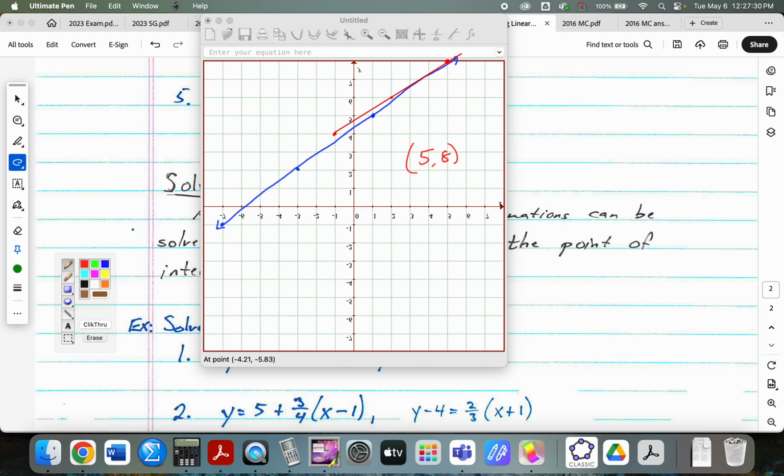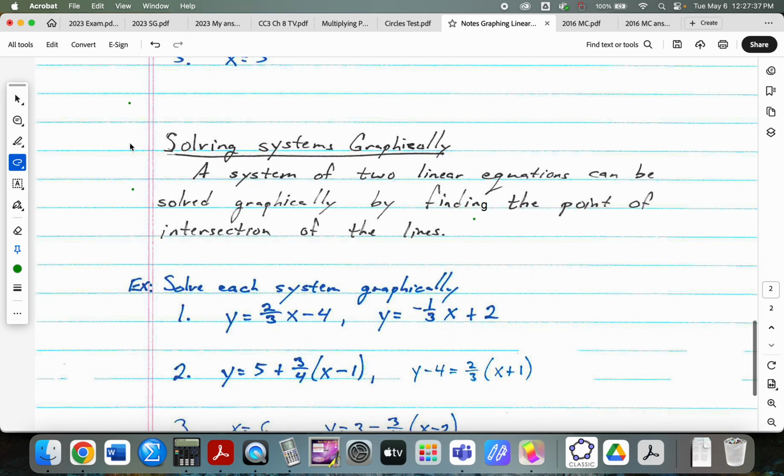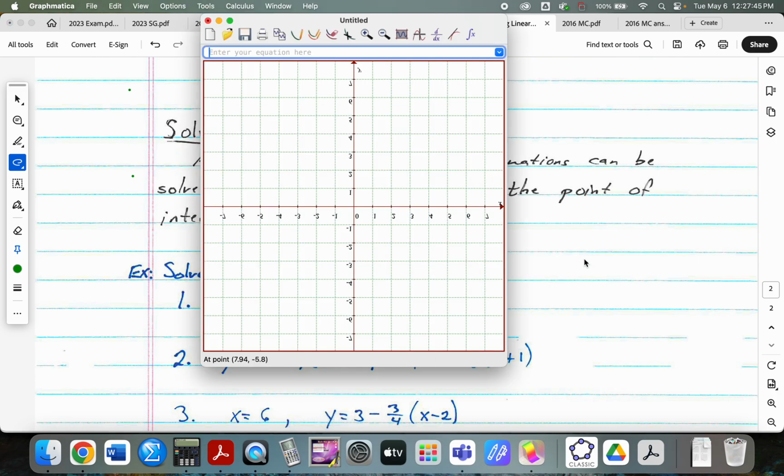All right, and then last one. And this is one where, especially this one, if you asked me, solve this by hand, do it as fast as you can, I absolutely would not graph it.